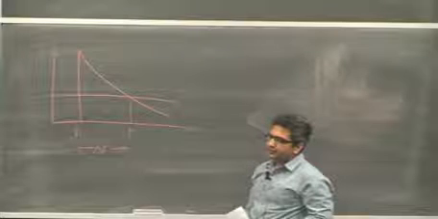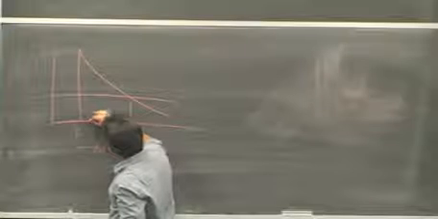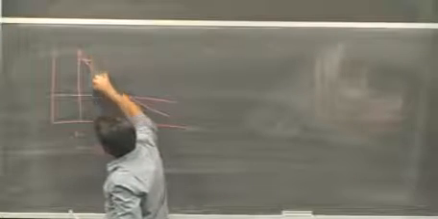The barrier starts at R naught. So let's divide this delta R into, let's say, 5 segments of equal width, where the midpoint represents the potential energy.